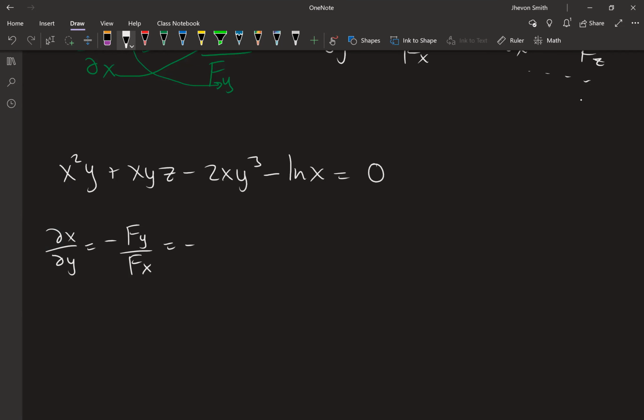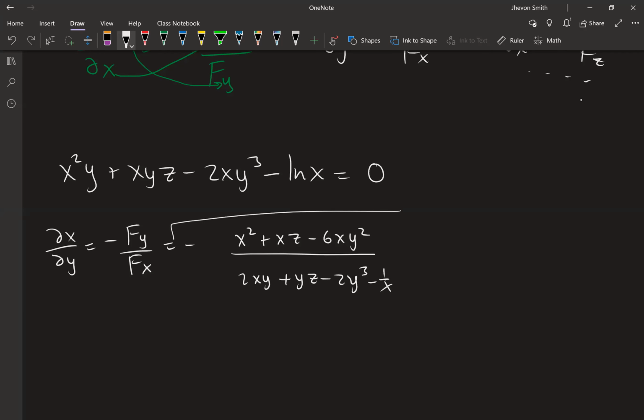Now I just go through here and differentiate everyone with respect to y. So that's going to be x squared plus xz minus 6xy squared. Then divide that by the partial of everyone with respect to x: 2xy plus yz minus 2y cubed minus 1 over x. And that's the answer.